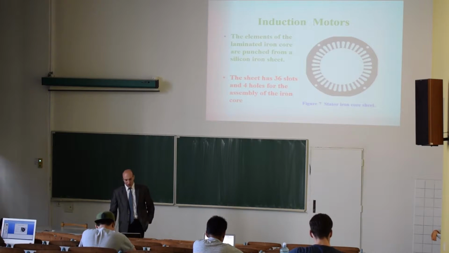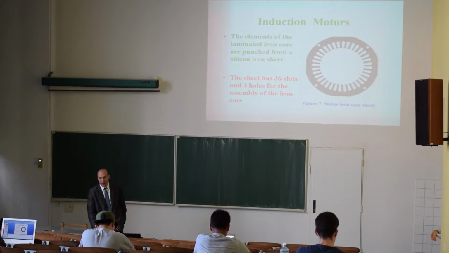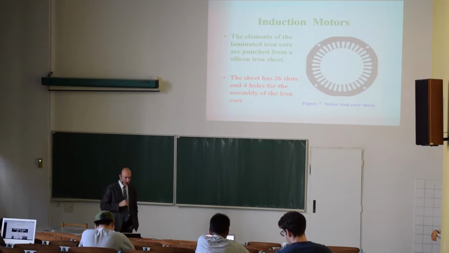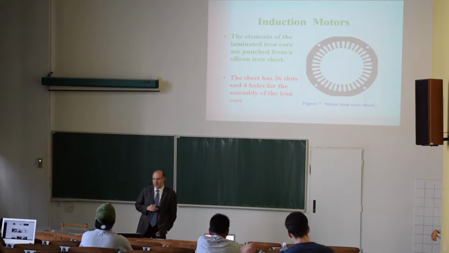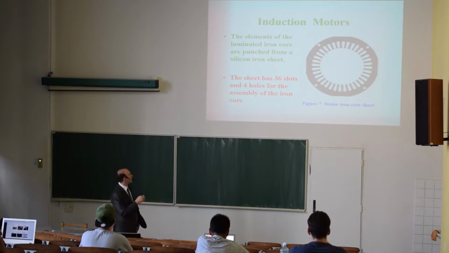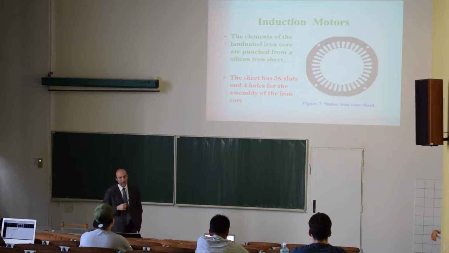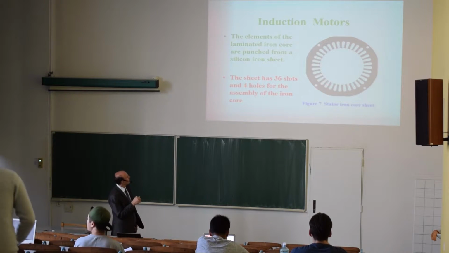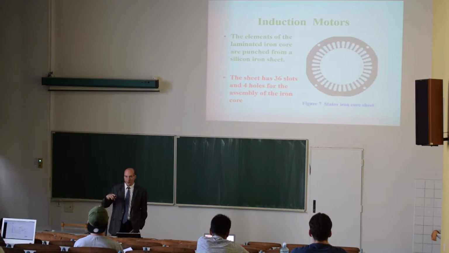So now let's take a look in more detail at the construction of the motor. Here you see an example of the stator sheet. This is the sheet of electrical steel. This is where we would place the winding. And those holes here serve to facilitate the assembly of the machine.